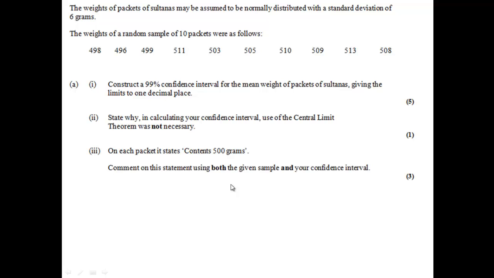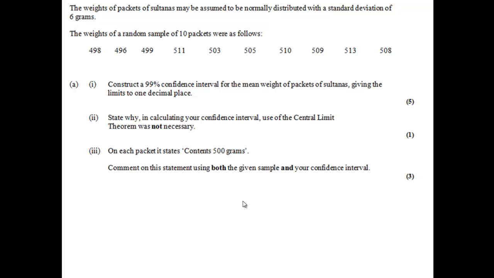So just comment on that really. Comment on what's happening here, 3 packets below, 7 above. And then for the second part, because the confidence interval suggests greater than 500, then that backs up the claim. And it's a 99% confidence interval, so it's pretty good.